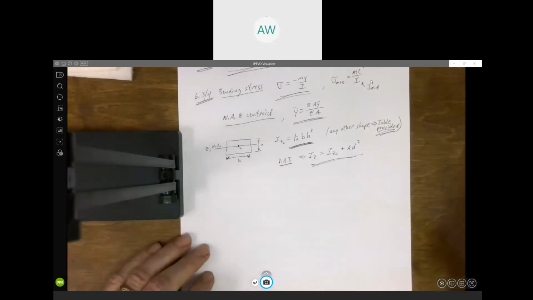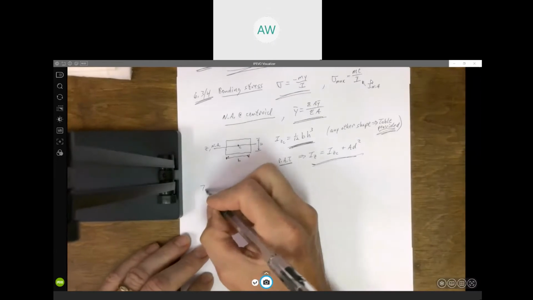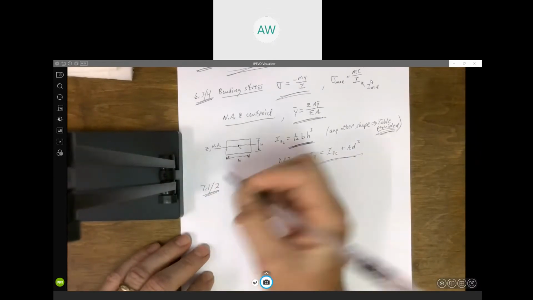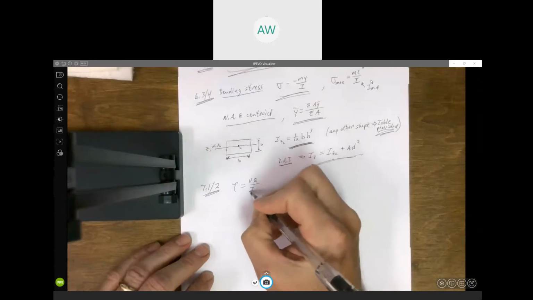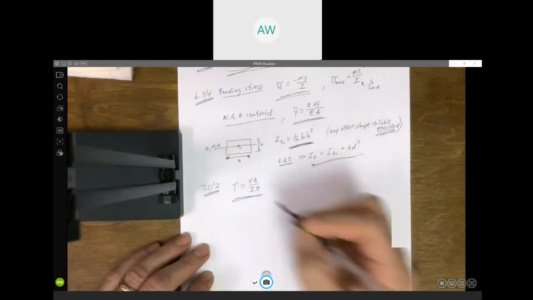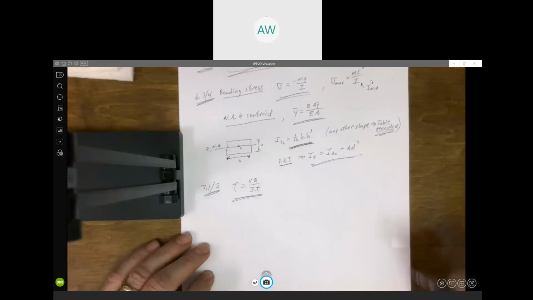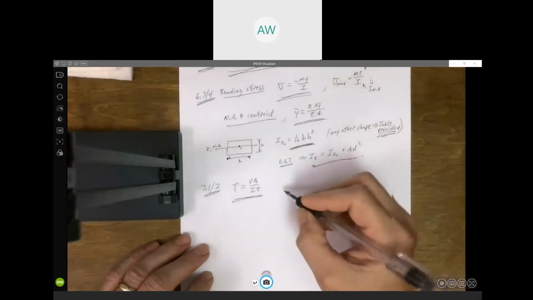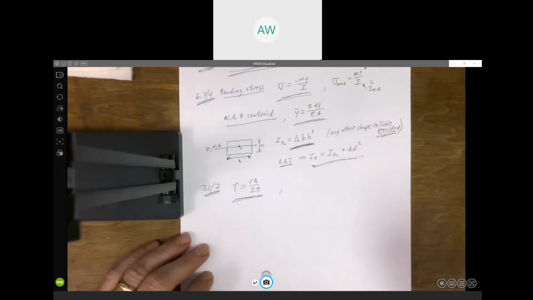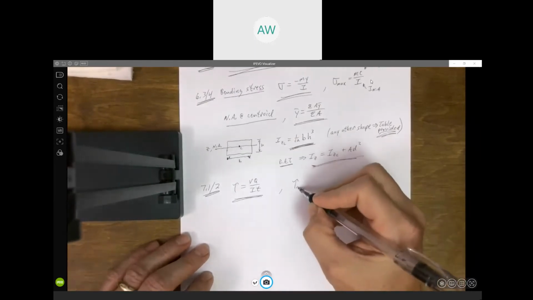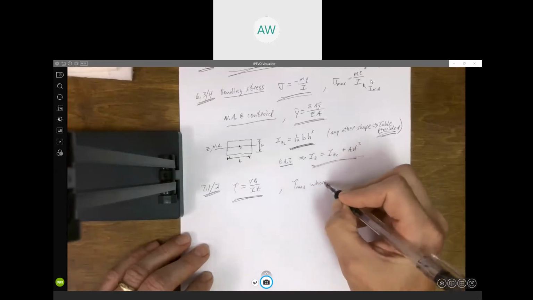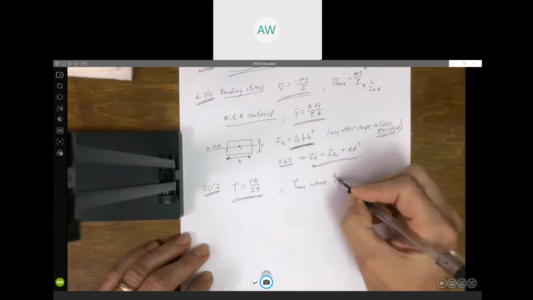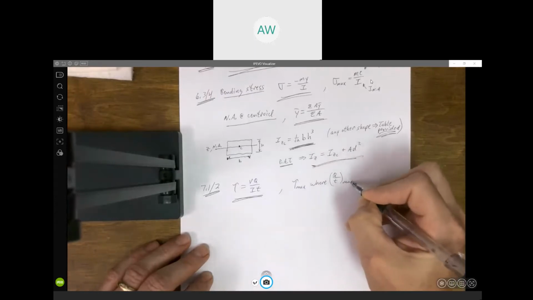And then in chapter 7, we did shear stress. We had that formula, tau is equal to VQ over It. You know that formula. And we spent some time discussing how to know where the maximum shear stress occurs. It's going to occur where Q over t is a maximum.